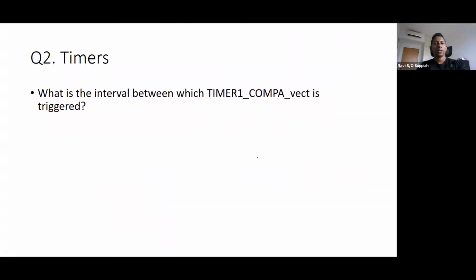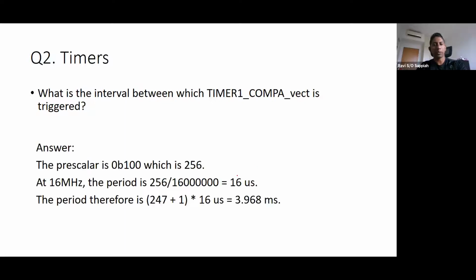So what is the interval at which the timer one interrupt is triggered? We know that the prescale value is 256, so the period at which you increment your counter is 16 microseconds. Every 16 microseconds, you will be incrementing it.